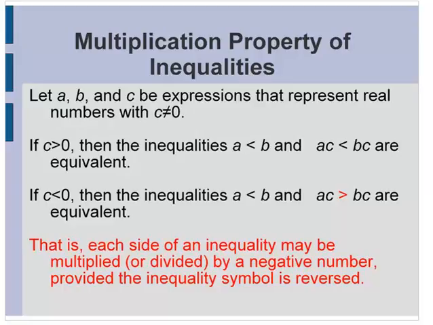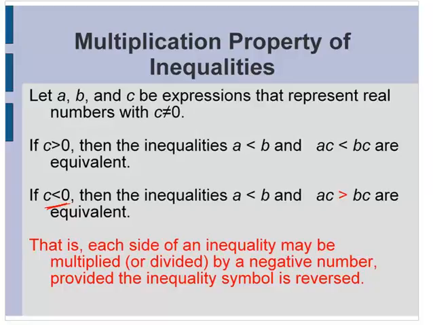However, if c is less than 0, if we're multiplying by a negative number, we have to flip the symbol of inequality. So notice, if c is less than 0, then the inequalities a is less than b and a times c is greater than b times c are equivalent.